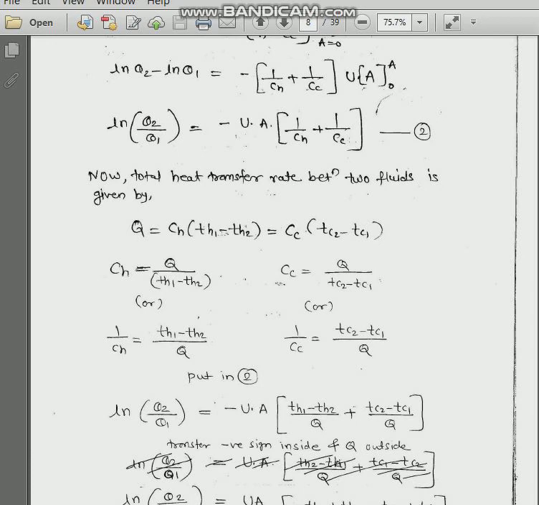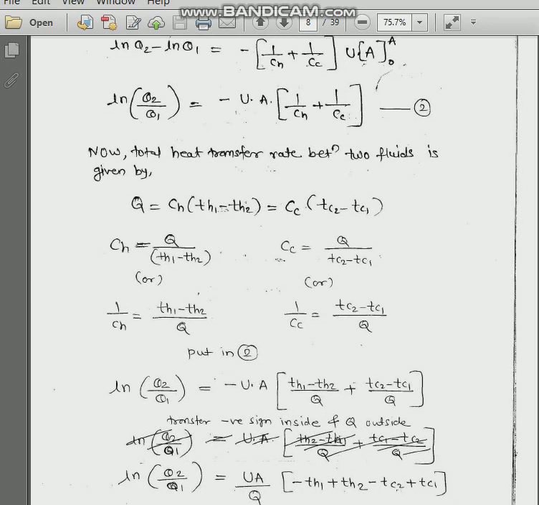This Ch remains as it is, and this Th1 minus Th2 will be shifted to the opposite side, same for this bracket. Or we can have 1 upon Ch, and we have to change the positions of numerator and denominator.